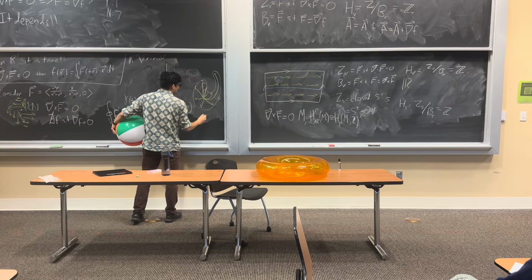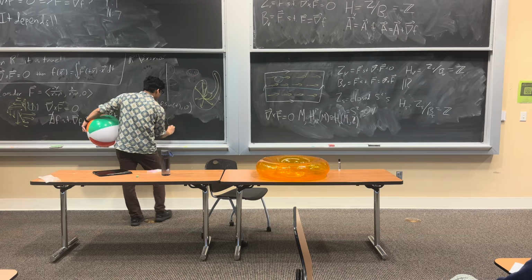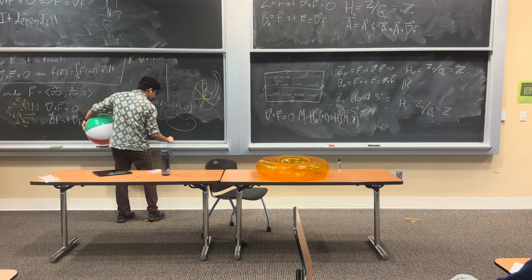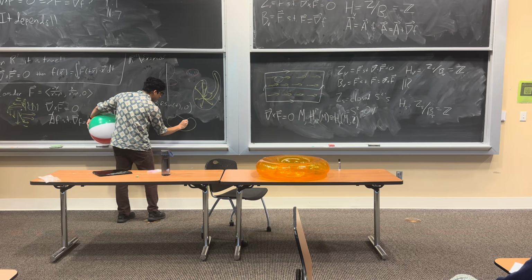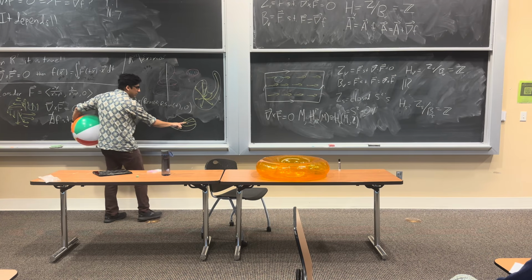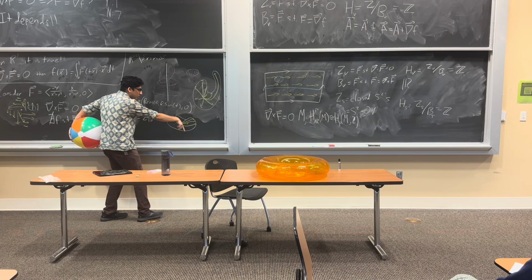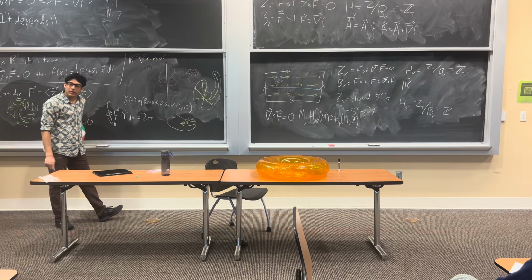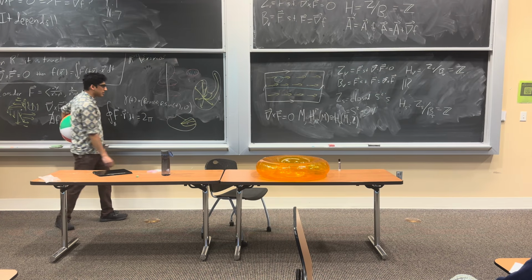If I have a puncture, I don't really have something continuous anymore, because what do I do here, and then I have to jump over here. Maybe you can say you have to be able to go around, which means it's simply connected. Something like that.